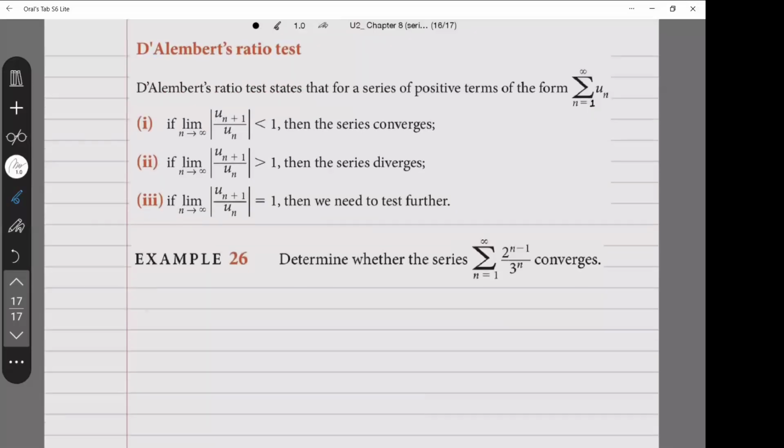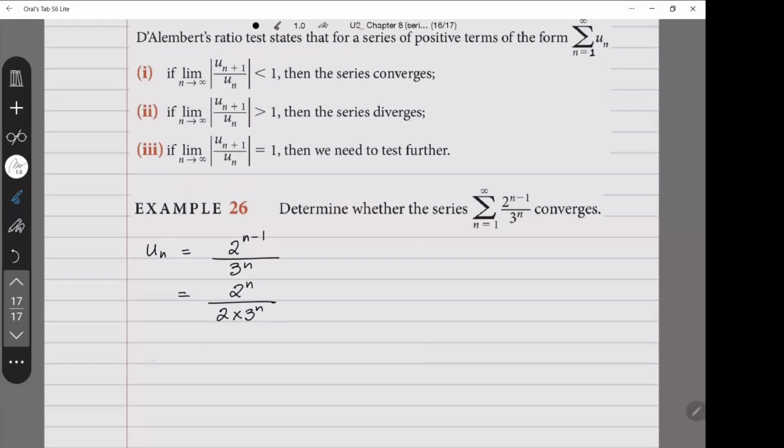First of all, un is equal to 2 to the n minus 1 over 3 to the n, which is the same as saying 2 to the n over 2 times 3 to the n. un plus 1 is the same as saying 2 to the n plus 1 over 2 times 3 to the n plus 1.